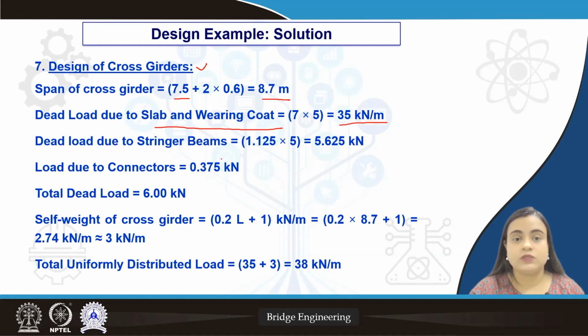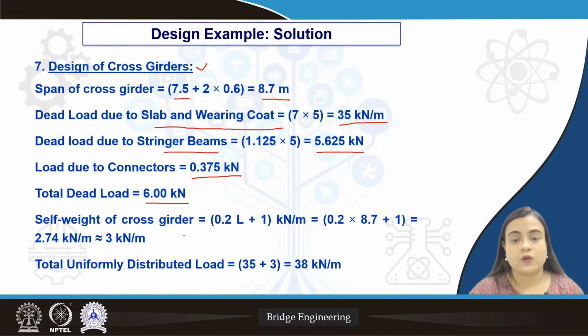Dead load due to stringer beams will be 1.125 times 5, that is equal to 5.625 kilonewton. Load due to connectors will be equal to 0.375 kilonewton. Total dead load turns out to be 5.625 plus 0.375, that is equal to 6 kilonewton.